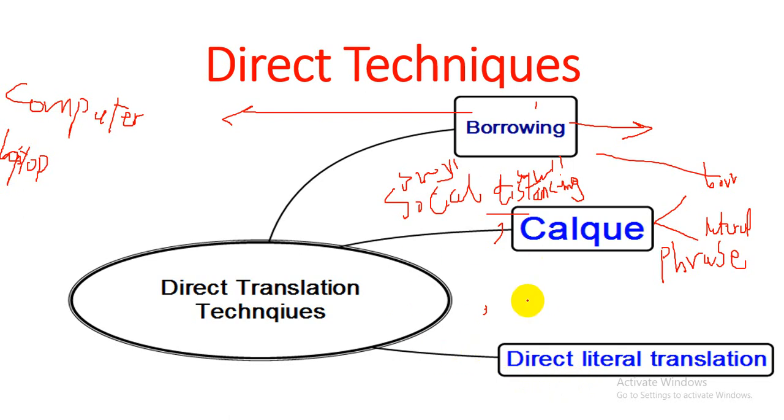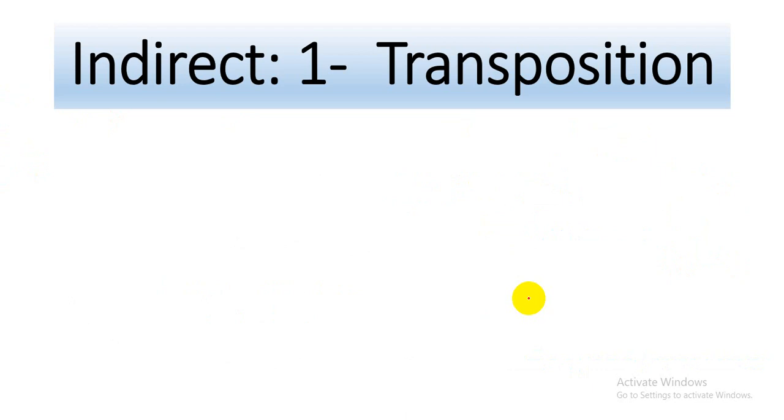If these direct techniques do not provide you with a satisfactory, acceptably good translation, your second attempt is to go for the indirect translation techniques. The indirect translation techniques, as I said earlier in this session, consist of four main techniques.